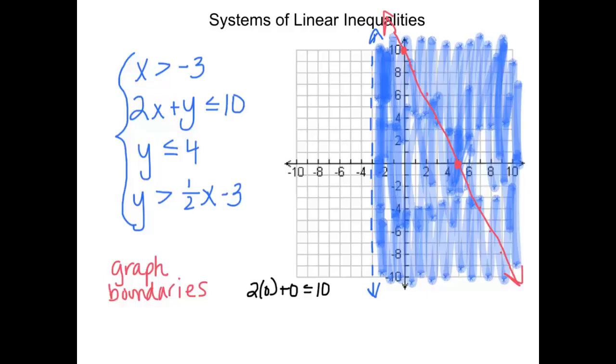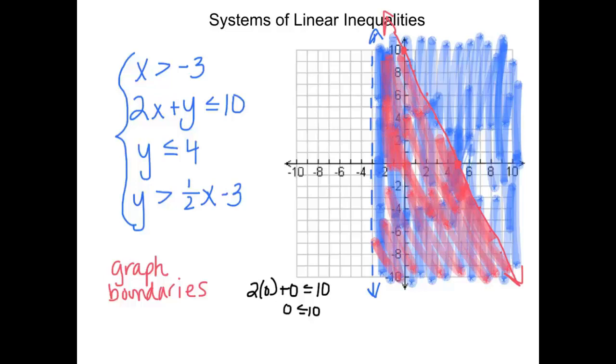Does that point satisfy our inequality? 0 is less than or equal to 10. Yes, it does. So since 0 is less than or equal to 10, 0, 0 is a solution, and it should be shaded. So I'm going to shade everything below this line.